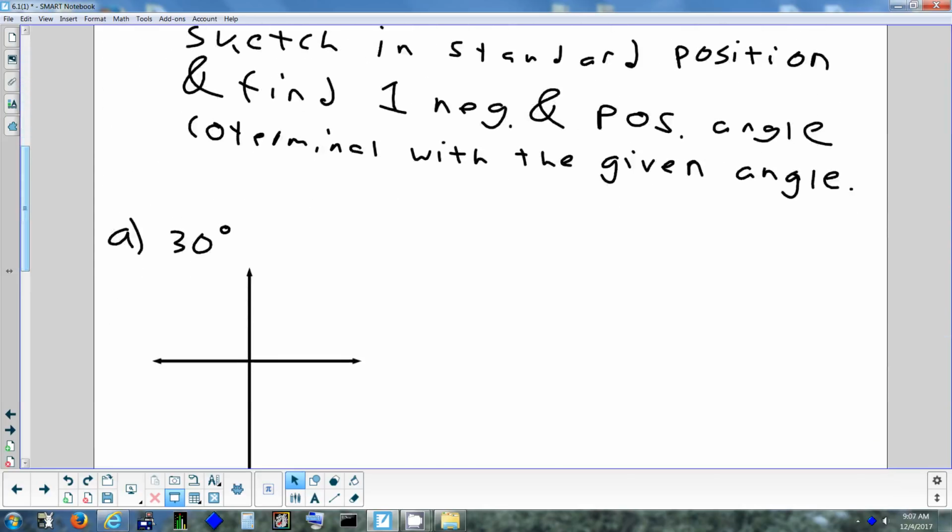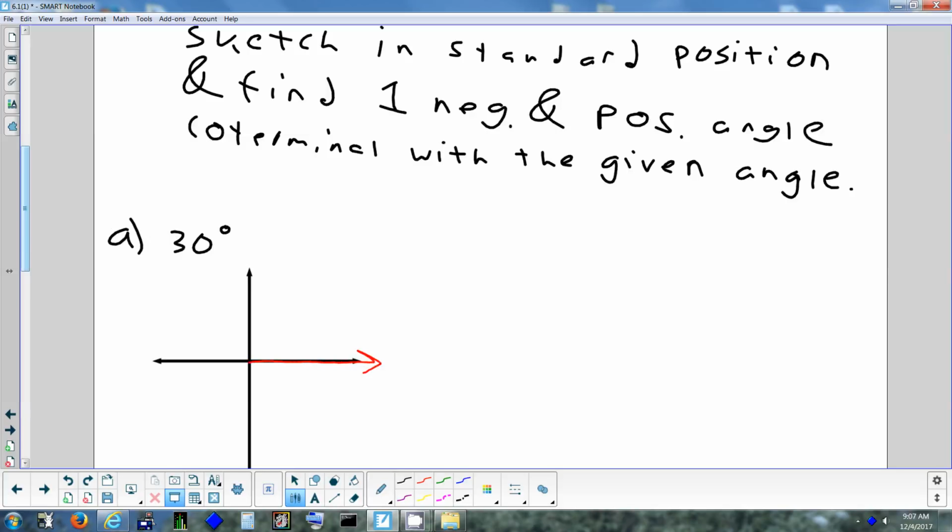But if you drew 30 degrees, something like this, that's not really close. Okay. So could anyone describe to me where the terminal side would be for a 30-degree angle? Yeah. A little less than halfway, lower than the box, because a 45 would be directly diagonal through the first quadrant.